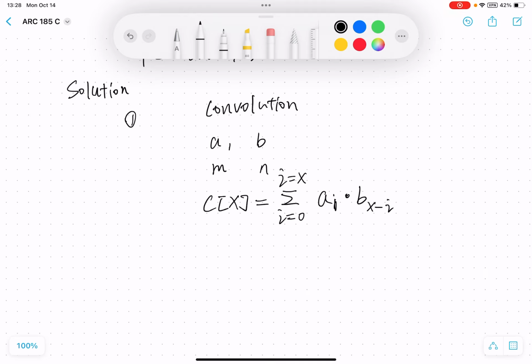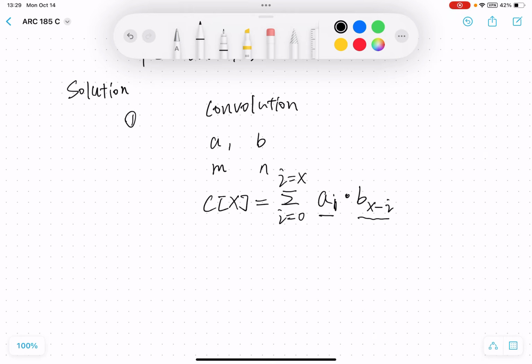This is the definition of array C. That means every element of C is the sum of a_i multiplied by b_(x minus i), from i equal 0 to i equal x.